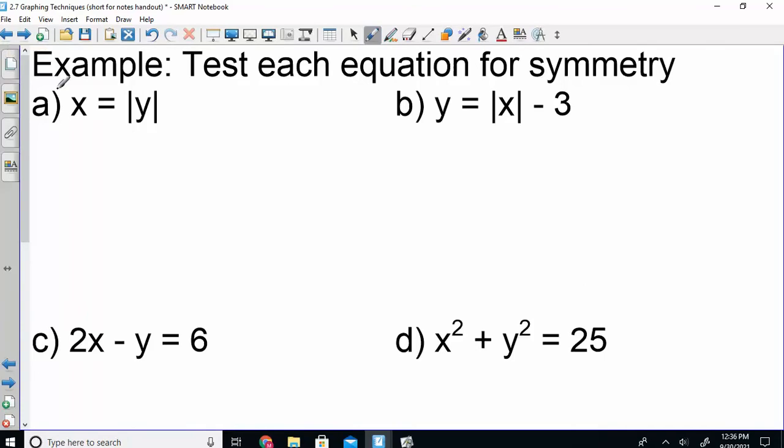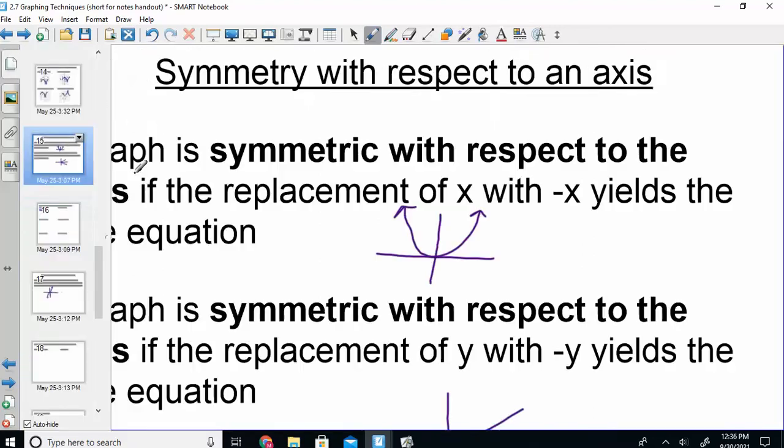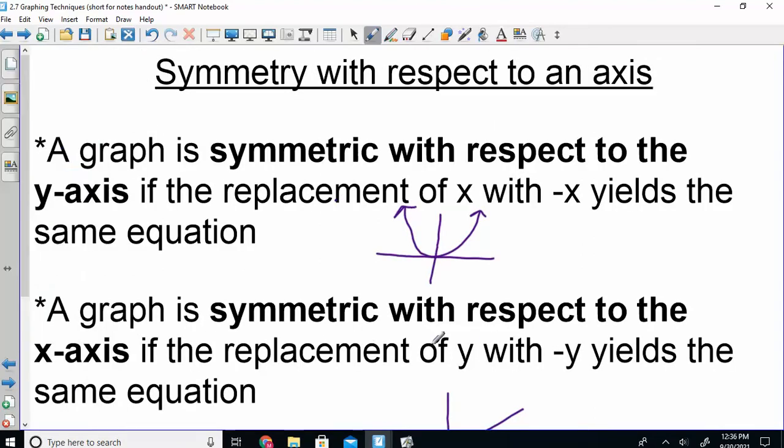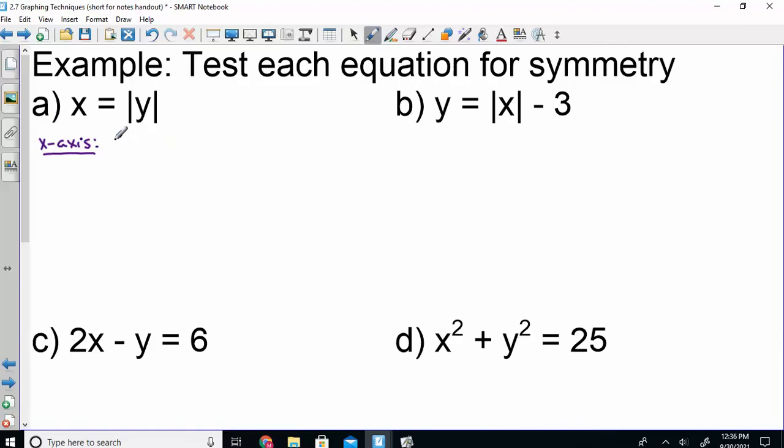So if I want to check symmetry to the x-axis, look back at your definition: if it's symmetric to the x, positive y and negative y give you the same thing. So essentially what we're going to do is make the opposite variable negative. So I'm going to make my y negative.